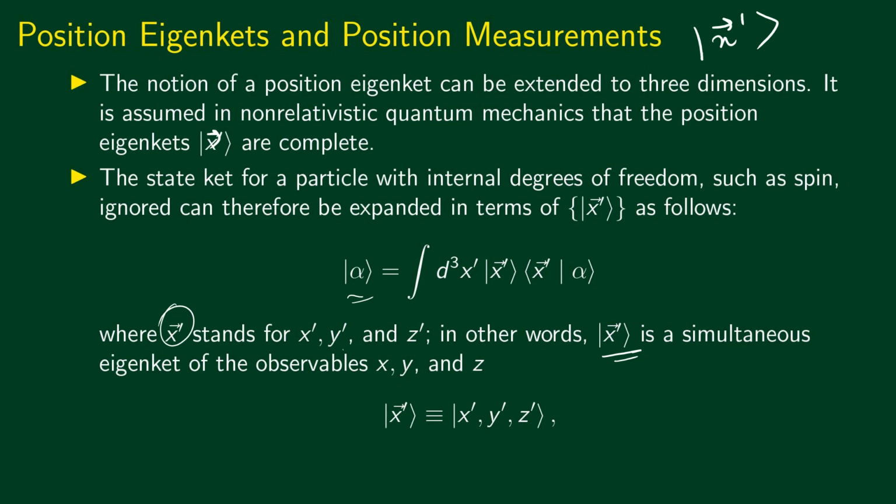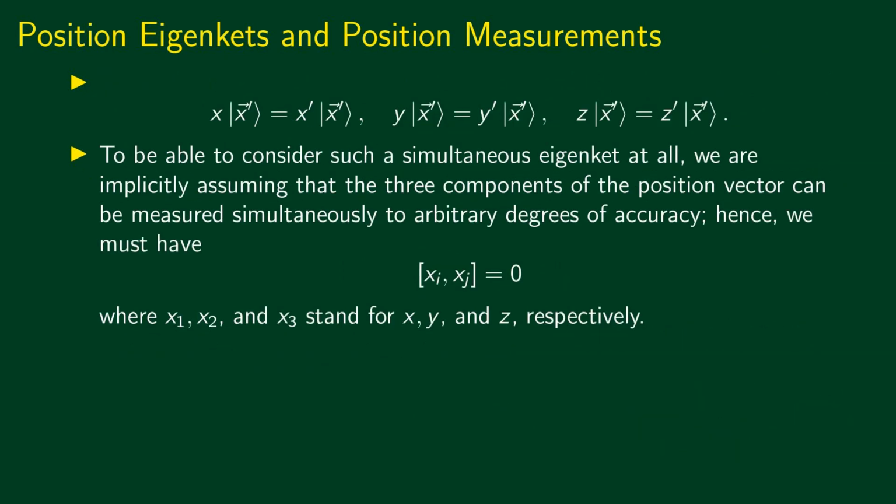Now we know that if you want to be able to specify these 3 eigenvalues simultaneously, these operators have to be compatible. x, y, and z have to be compatible, which means that the commutators have to be equal to 0. So these are the eigenvalue equations.